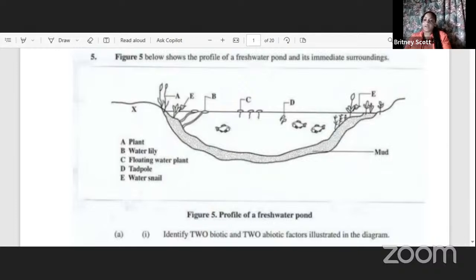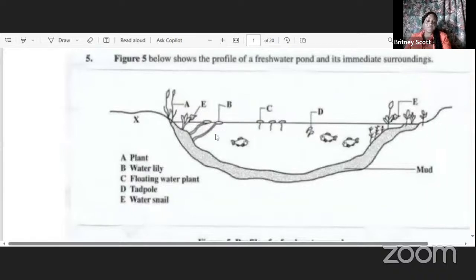Students, look at the diagram and identify two abiotic and two biotic factors. We can type it in the chat.